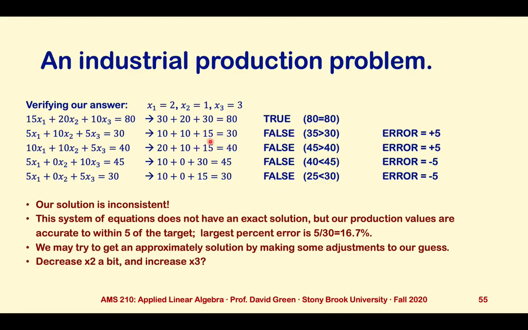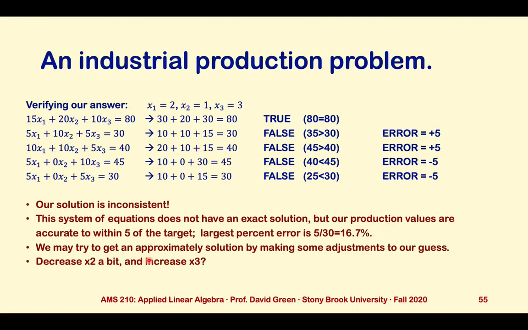The difference between these 2 and these 2 is that there's a fairly significant coefficient in front of x2 for the second and third equation, and 0 in front of this. So perhaps if we were to decrease x2 a little bit, that would decrease these numbers. We'd also decrease this one a little bit without affecting these.